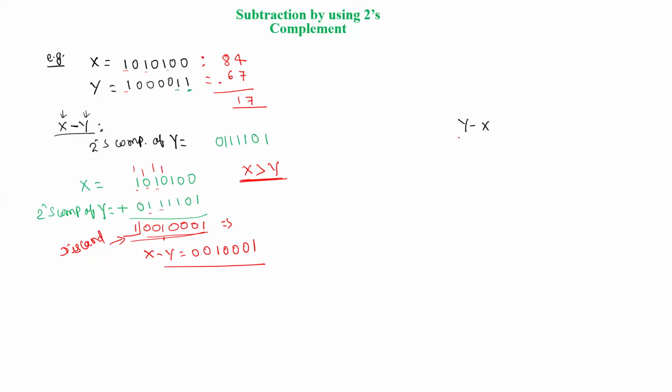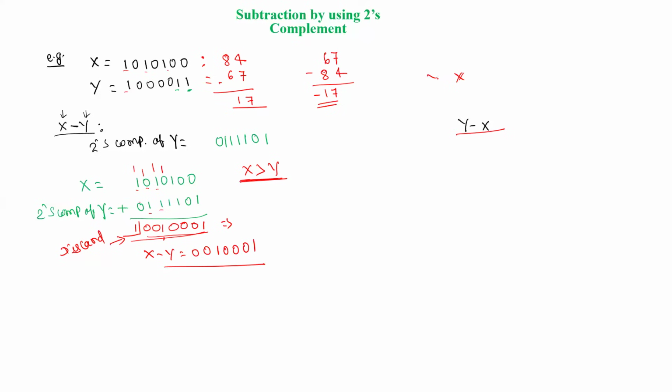Now we are going to do the reverse of this, y minus x. So y minus x means here y is going to become 67 and the subtrahend is going to become 84. So once we subtract this, the answer should be negative 17. So when the minuend is smaller than the subtrahend, okay, here we have changed the values, y becomes the minuend, x becomes the subtrahend.